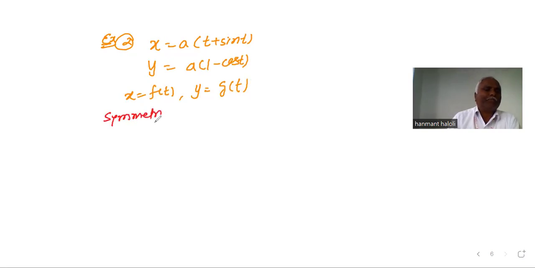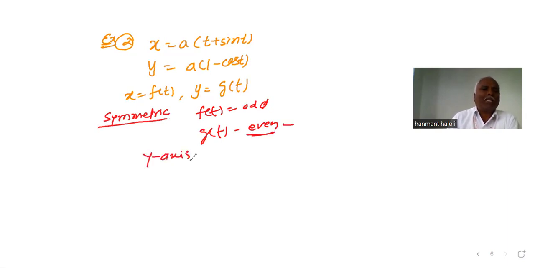Here, replacing t by minus t, f of t becomes odd, and g of t is an even function, which indicates symmetry about the y-axis.